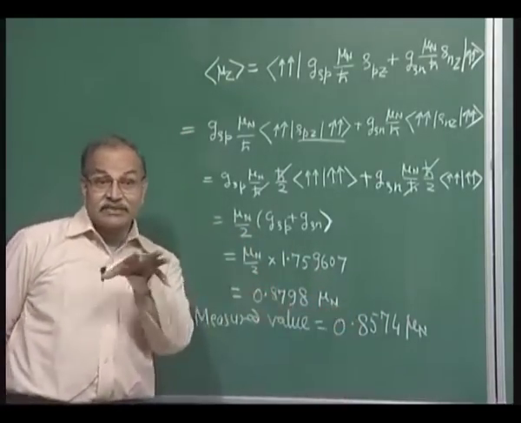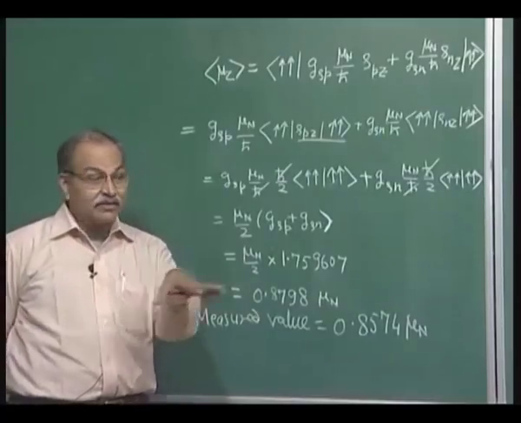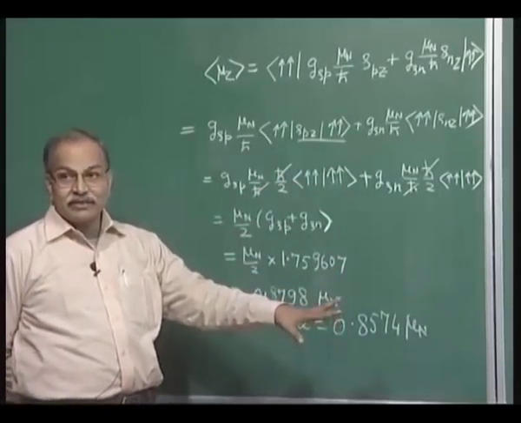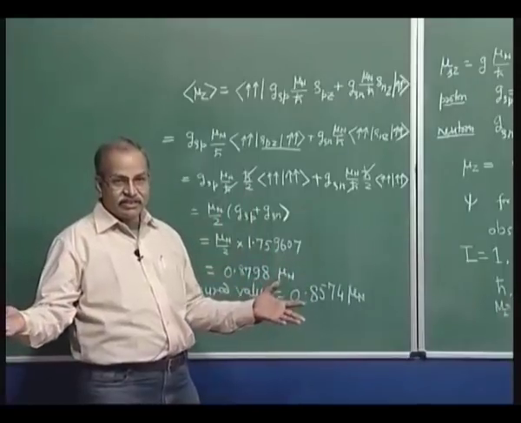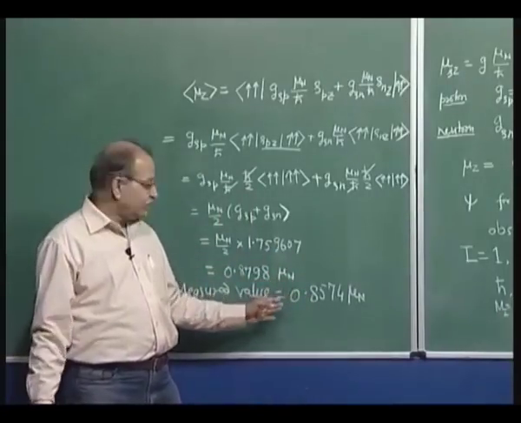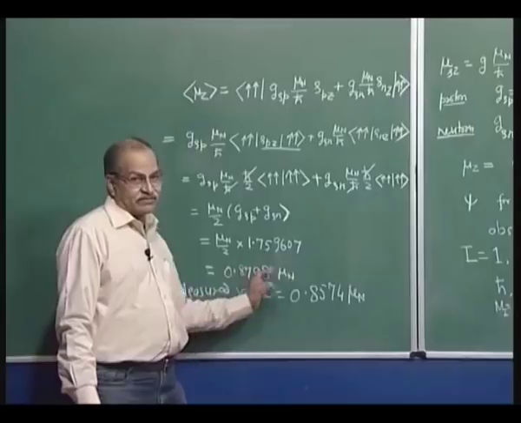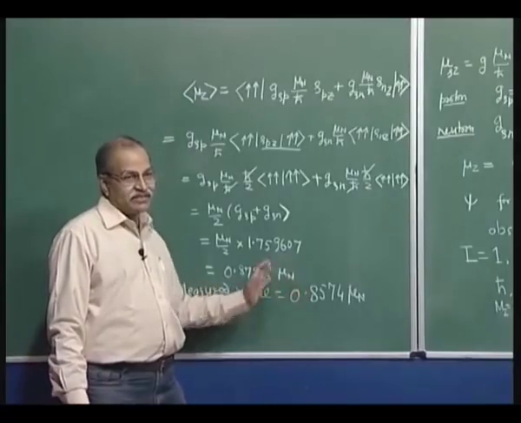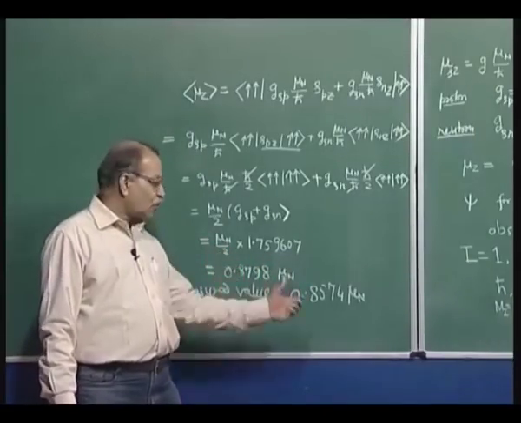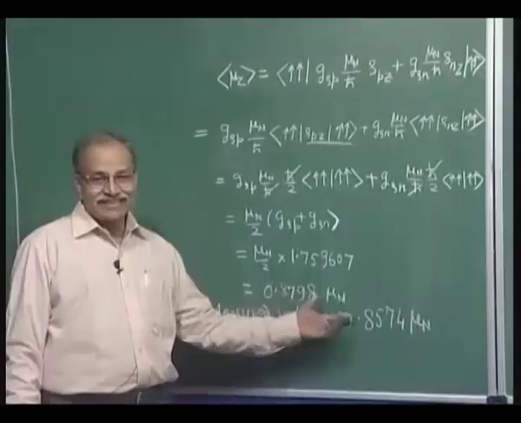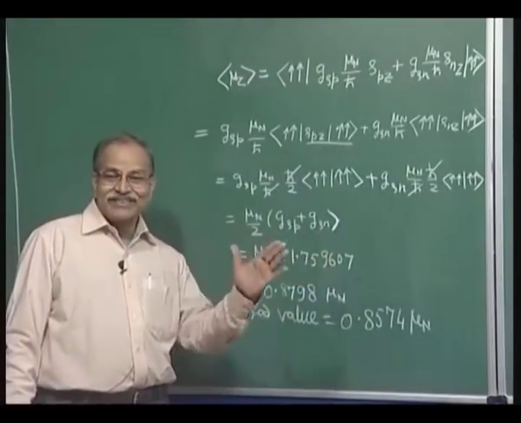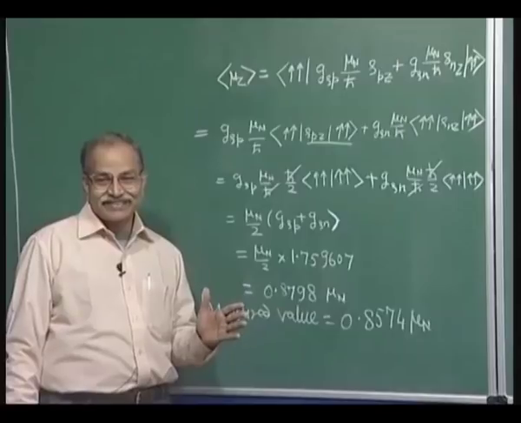So, we are on the right track, right. The kind of discussions we are doing is not very off the reality, but then the difference must be addressed. The difference is large enough to draw our attention that things are okay, but not very perfect.